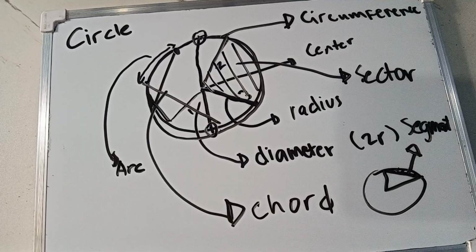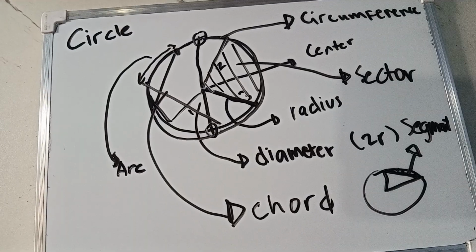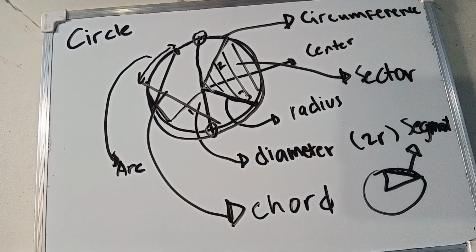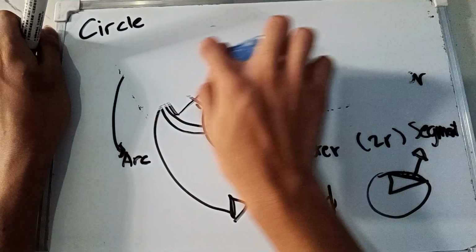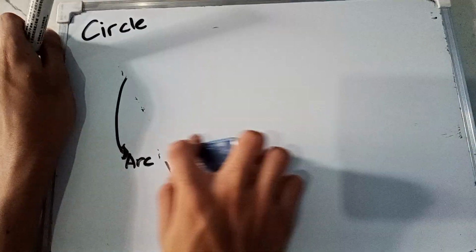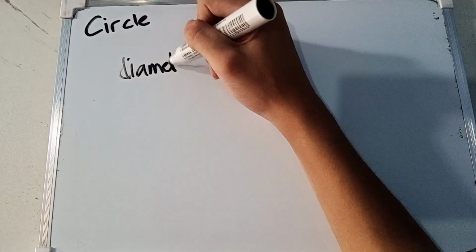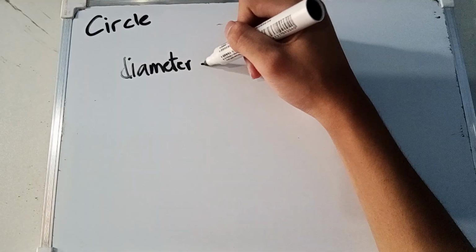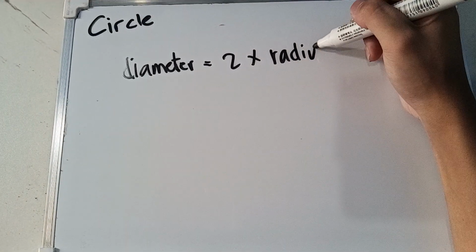So let's go with the formulas related to circle. As I said earlier, the diameter is just 2 radius, or 2r.